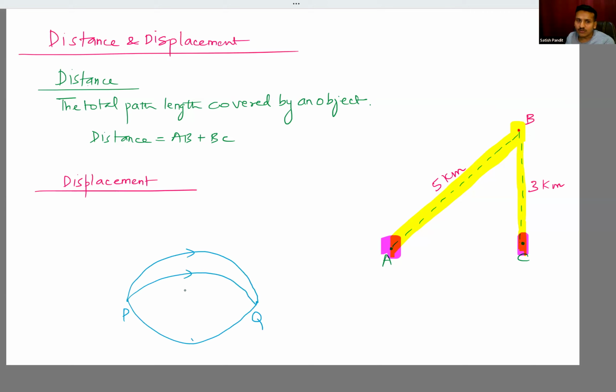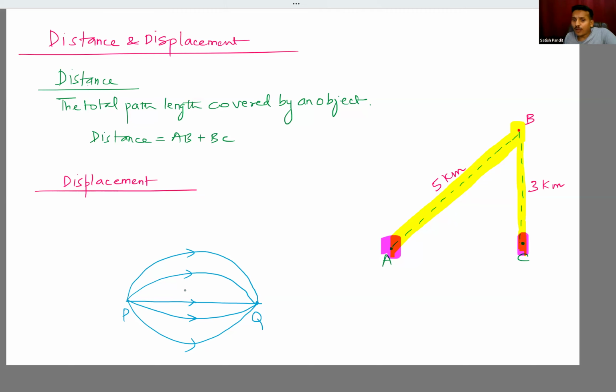But the shortest distance will be a straight line from P to Q. If I want to reach Q in the shortest possible path, it has to be a straight line. So please remember, the shortest distance between any 2 points is always a straight line. You have to remember this fact.